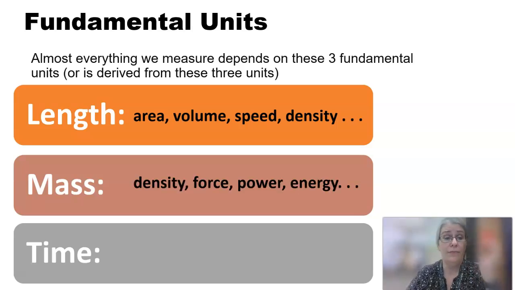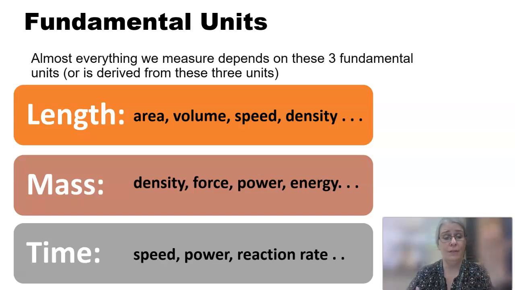There are a lot of things we get from mass as well. Like I mentioned, density is something like grams over cubic centimeter. So grams is our SI unit of mass, a kilogram, and mass is also used in calculating force, in calculating power, in calculating energy. Lots of things involve mass.